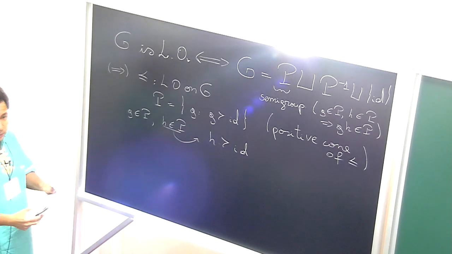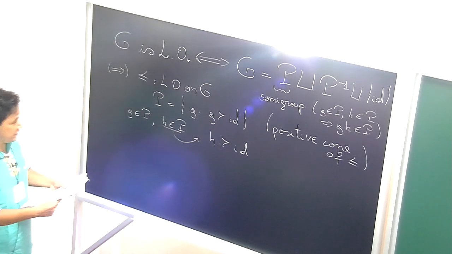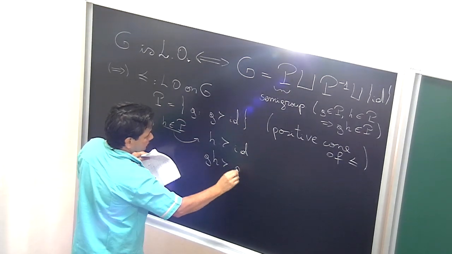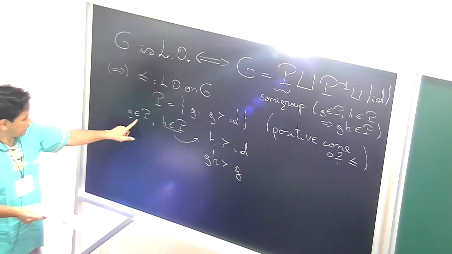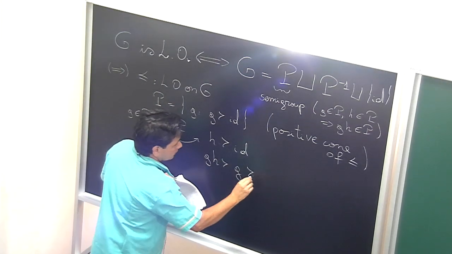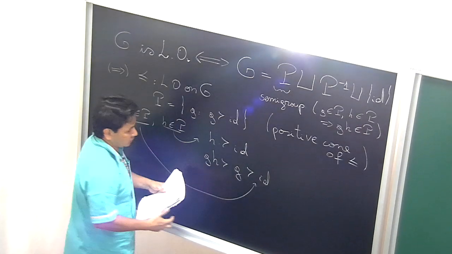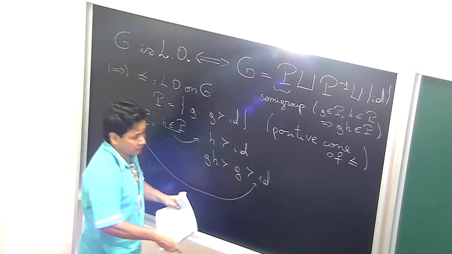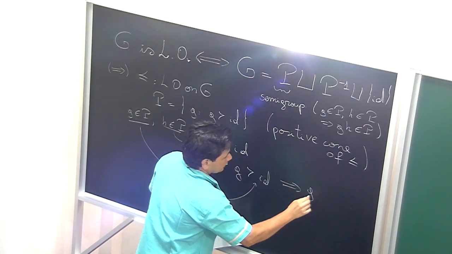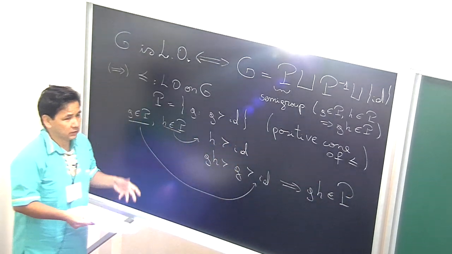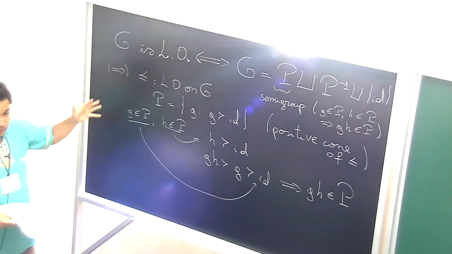And then you can multiply always on the left by G. Then you have GH is larger than G. But G is in P, so G is also larger than the identity. So GH is larger than the identity. This means that GH is in P. So the positive cone of a left order is a semigroup.